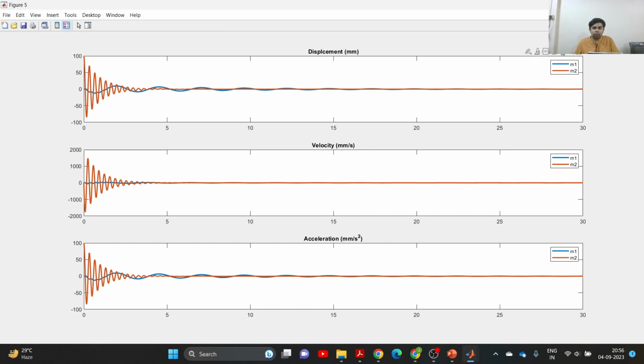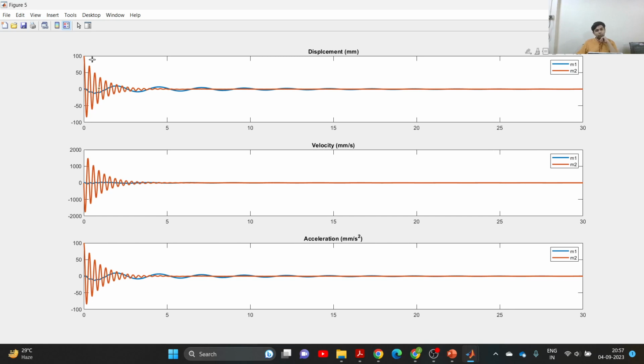Here we can see that the blue curve takes a long time to reach the equilibrium position of zero, whereas the red curve returns to the equilibrium position slightly faster. The damping value is lesser in the case of the red curve, almost about 5 times lesser.